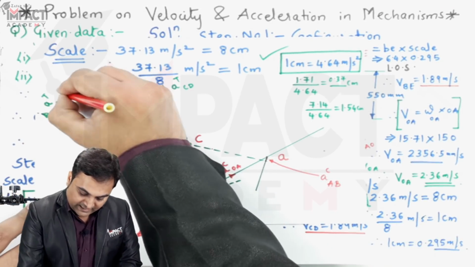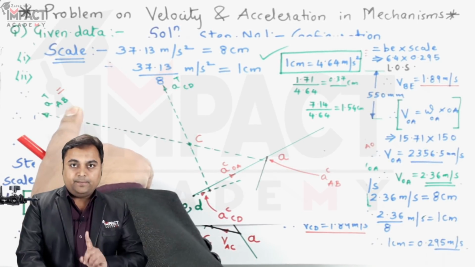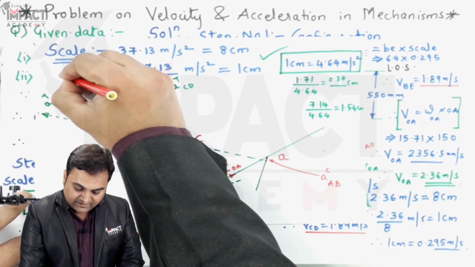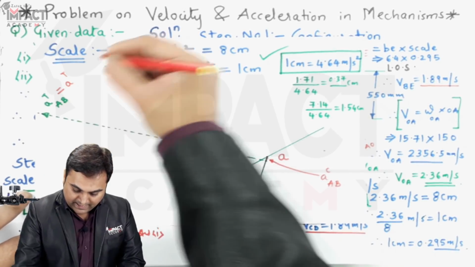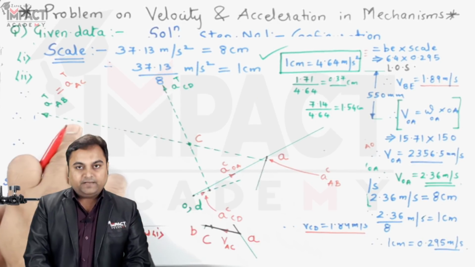So this equal to sign which I am showing is not indicating the magnitude. I am just showing it for the direction, that is the tangential acceleration of AB and the tangential acceleration of AC are along this same line.